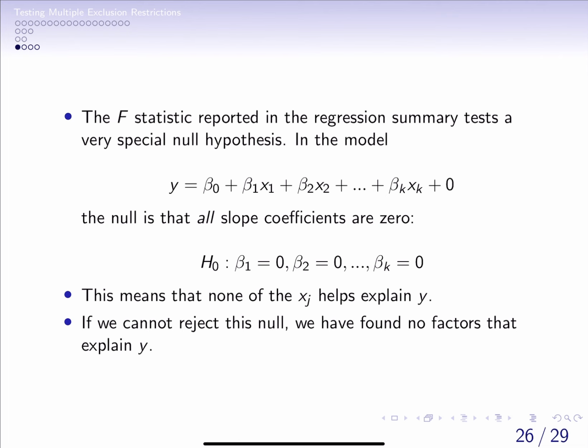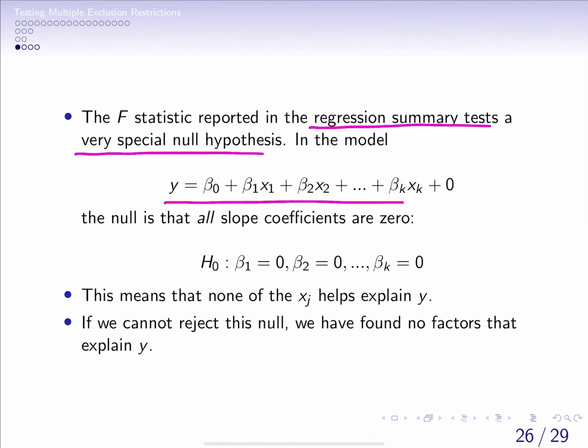And finally, the F statistic that is reported in the regression summary that you see in R or any other software is a special case of a null hypothesis. Okay, so the F statistic that is actually reported is not the F statistic that we had computed using the linear hypothesis command.